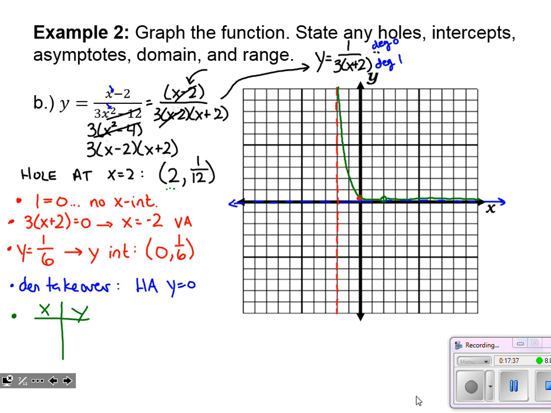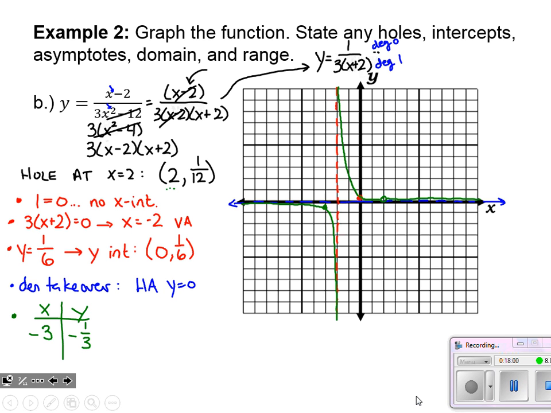If I plug in an x value of -3 just to the left of that asymptote, plug that into our simpler equation, I get 1 over 3 times -1. So I get -1/3. And we'll go ahead and plot that in right there. We can connect it to its asymptotes. And we have our graph.